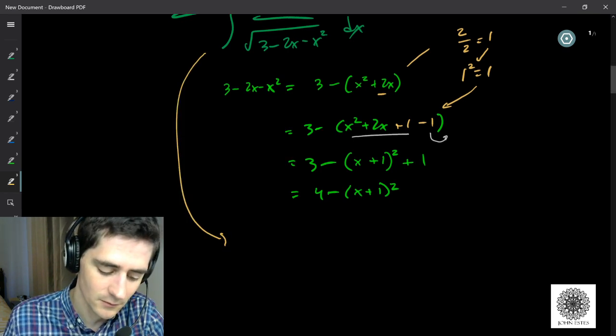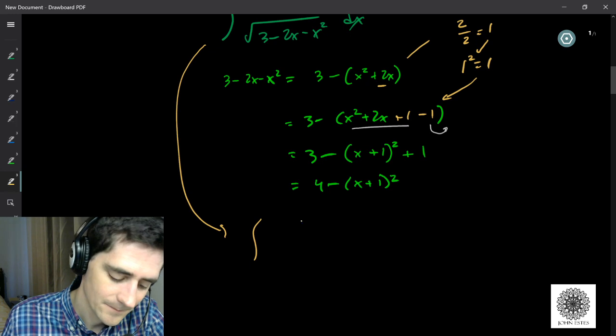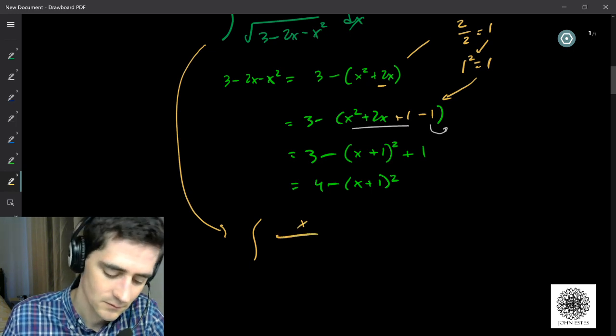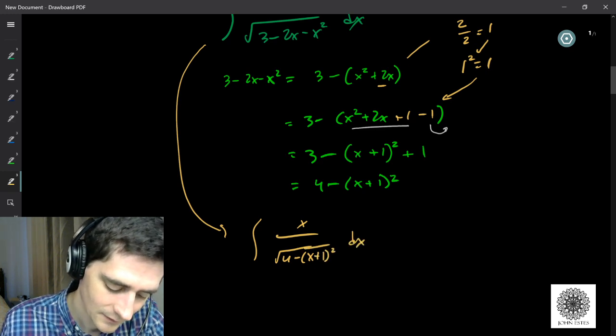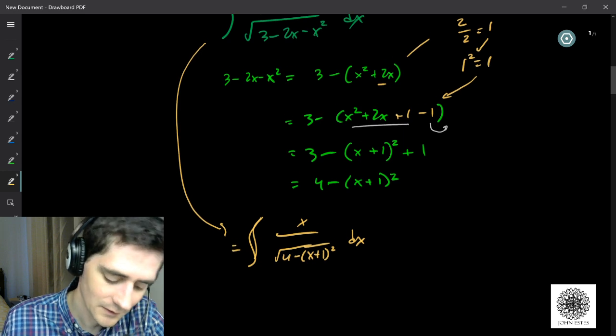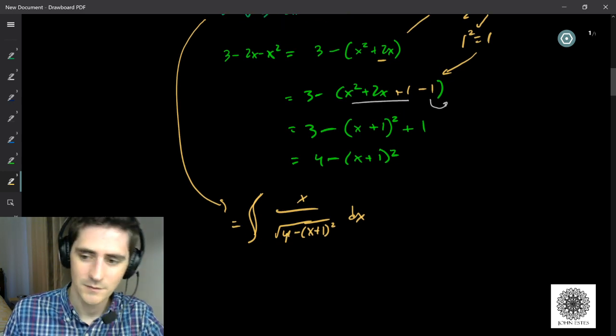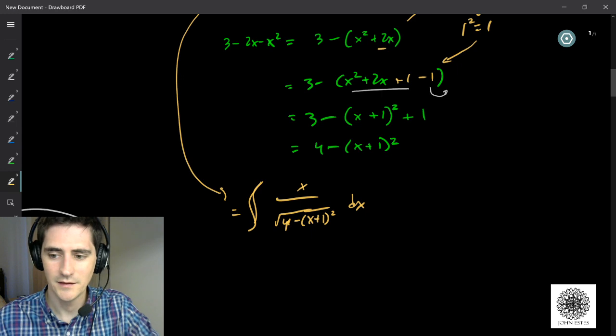All right, so my integral then becomes x over the square root of 4 minus x plus 1 quantity squared dx. Now we are not going to actually have to use a trig substitution on this, I don't believe, at least not yet.